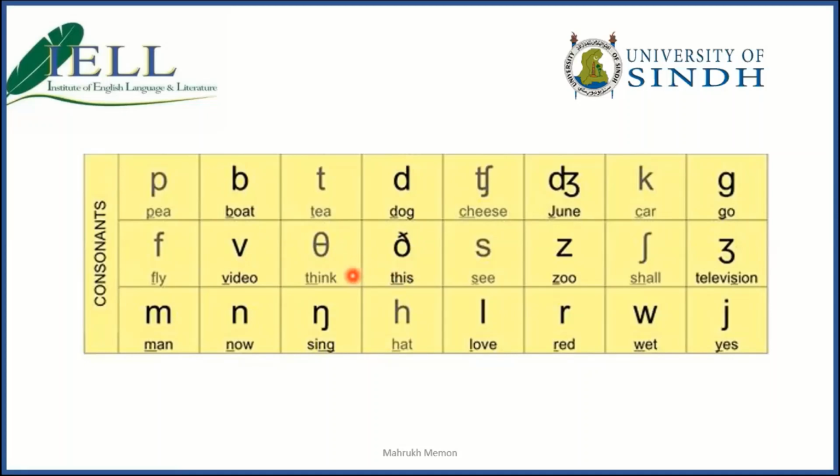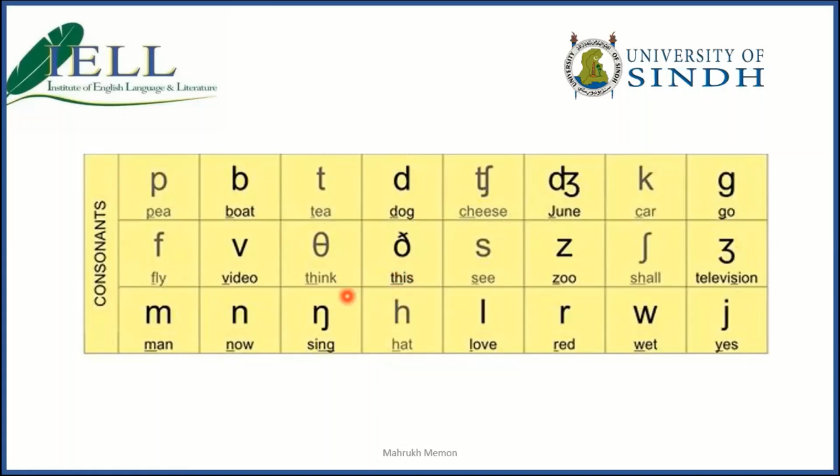Then we have these two sounds. These are again a little bit confusing, and we do not pronounce them as appropriately as we should. For these two sounds, as you can see from the examples, one is think, as in the first sound in think. The second is this.